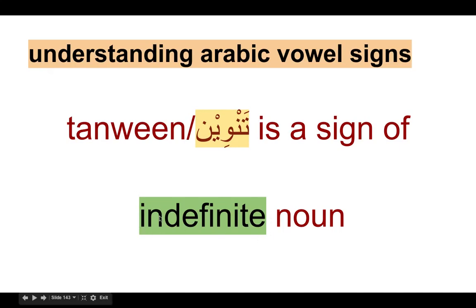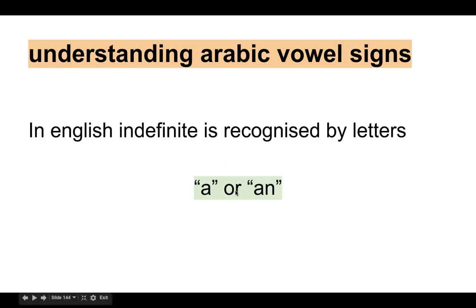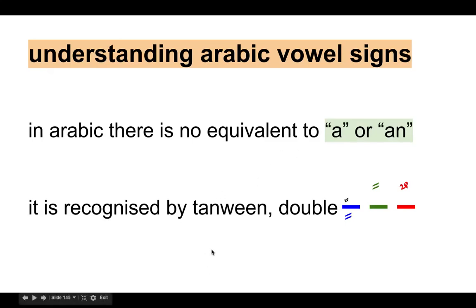So how do we recognize what is indefinite in English? In English we have a or an. We say a book, a pen or an apple. So it's just indefinite. It could be anything, any book, any pen or any apple. However, in Arabic there is no equivalent to a or an. So for example, if you want to say book, we say kitabun.